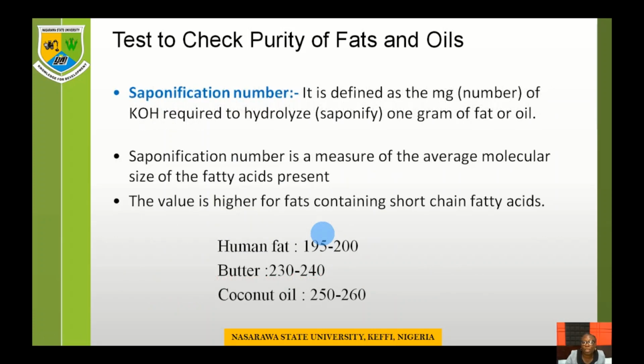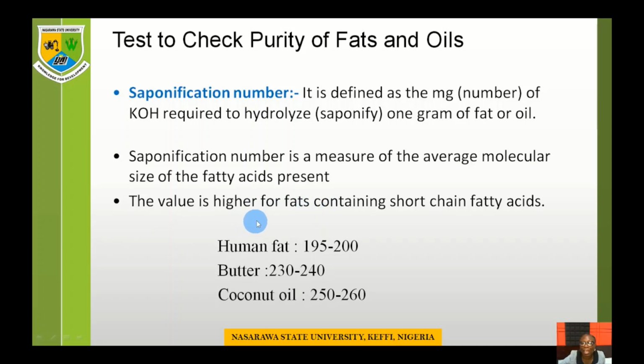Then saponification number. Saponification number is defined as the milligrams of potassium hydroxide required to hydrolyze or saponify 1 gram of fat or oil. So saponification number is a measure of the average molecular size of the fatty acids present.